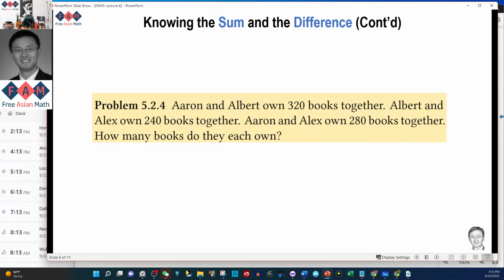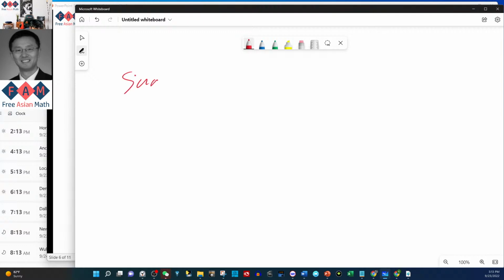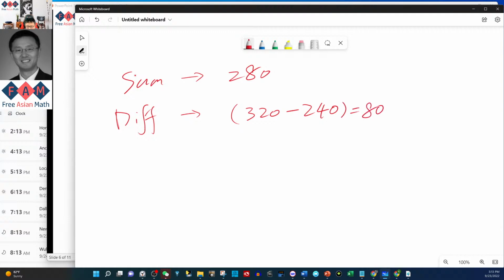So now we know the sum is 280, but the difference is 320 subtracting 240, that is 80. And the two quantities we are considering right now are the number of Aaron's books and the number of Alex's books.